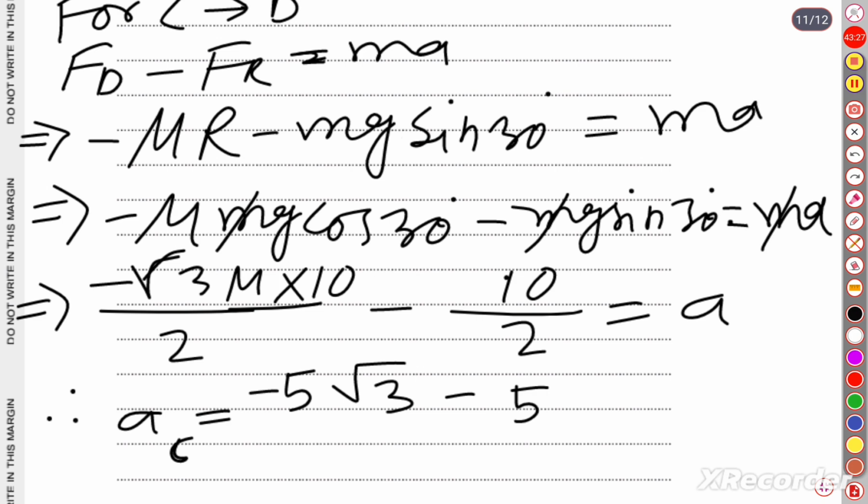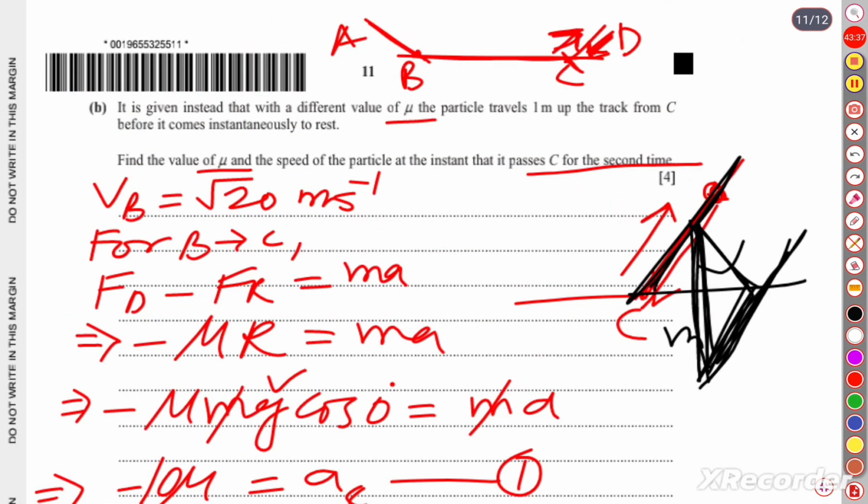Okay, and there is mu over here, we cannot ignore this. This is the major point, we are going to find mu. Well, we have got the acceleration at this point, and we can easily find the velocity at this point.